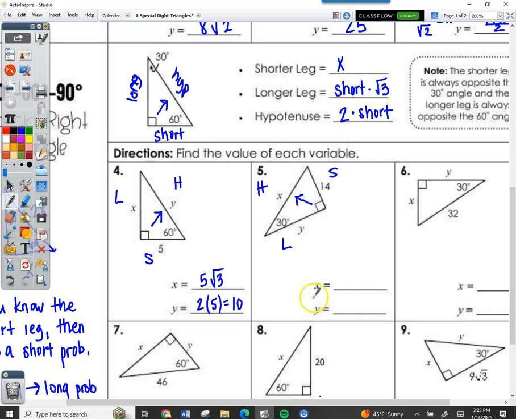So you got another short problem. The short side's 14. So I always go to the hypotenuse so I'll never get it confused with the long side. The hypotenuse would be double. So 2 times 14 is 28. And then the long side is going to be 14 root 3.